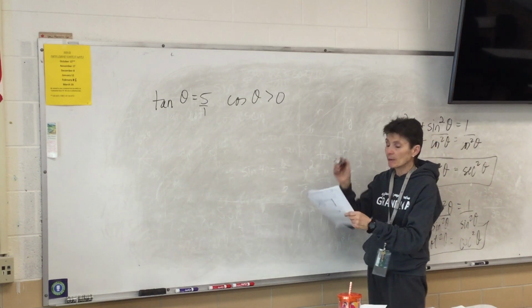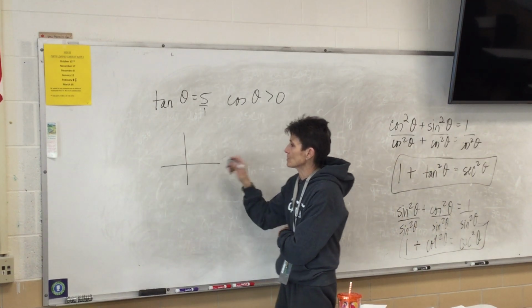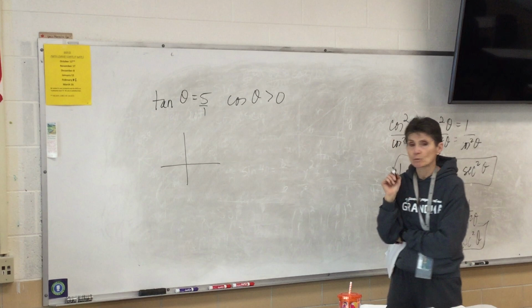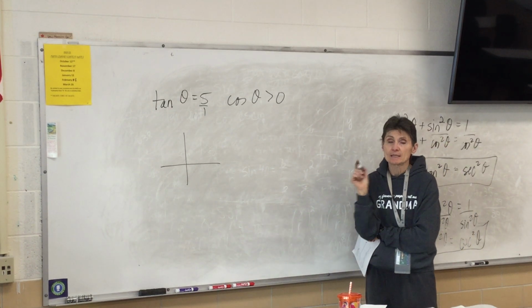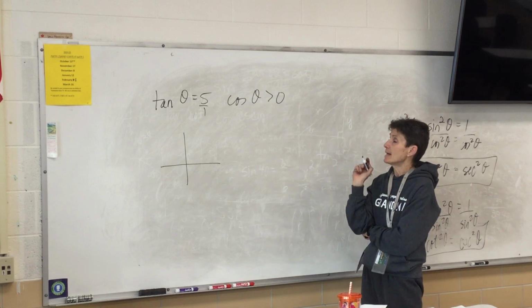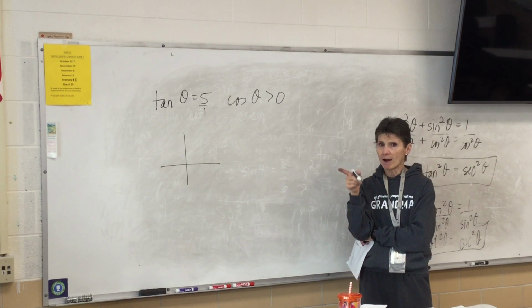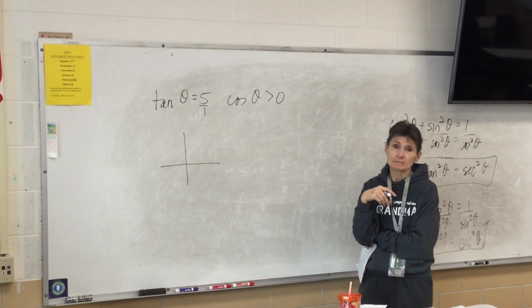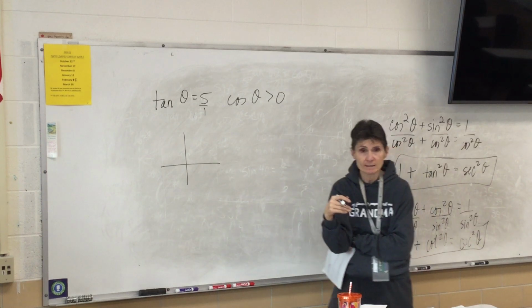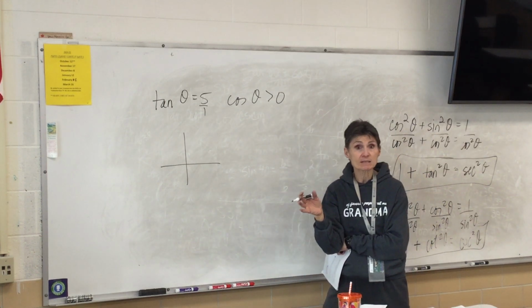And then we got to find a couple other things, but I need to draw a picture of this first. This could be a test question. The tangent is positive, and so is the cosine. Now, keeping in mind that tangent is sine over cosine, or y over x, and cosine is x.